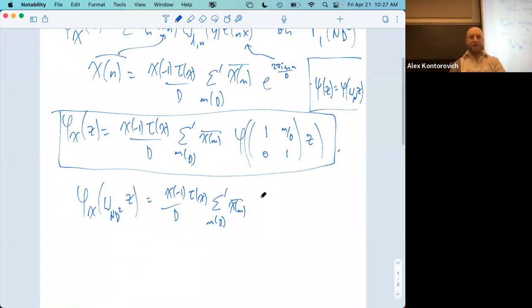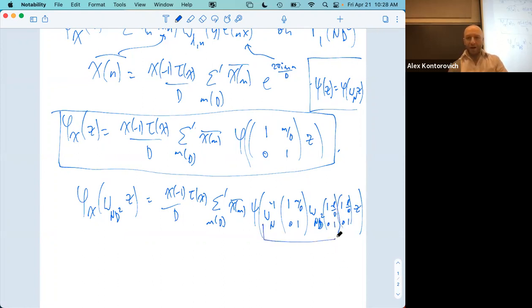And then instead of phi, we put psi of w_n inverse, then this thing which was here, (1, m over d; 0, 1). Then instead of z, I'm going to put w_n d squared z. And into here, I'm going to insert 2 more things, a (1, l; 0, d) and a (1, -l; 0, d).